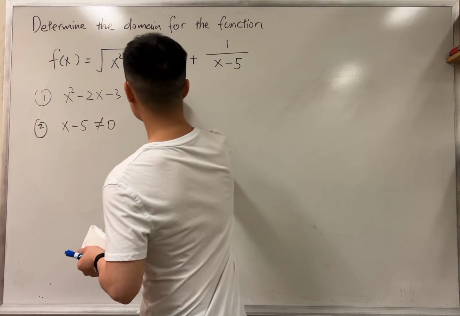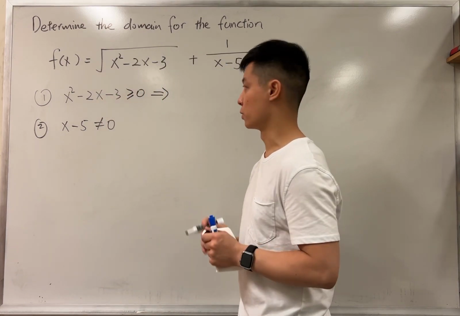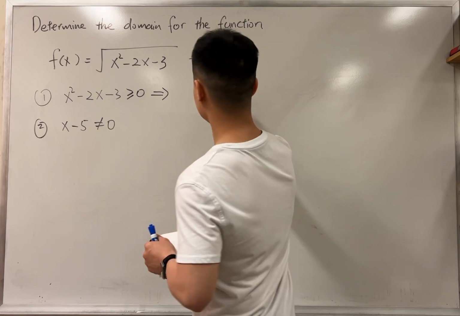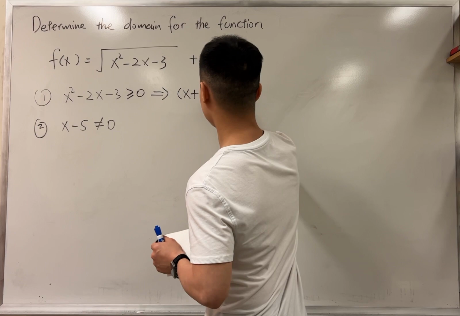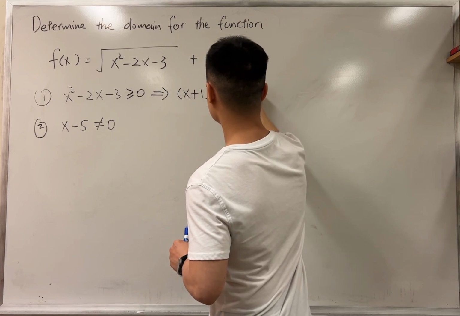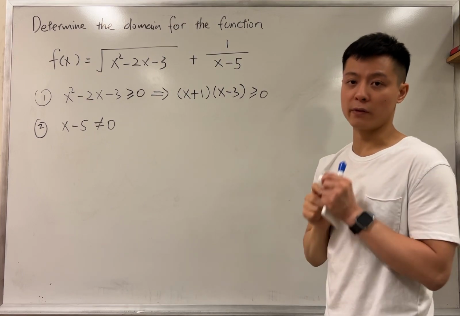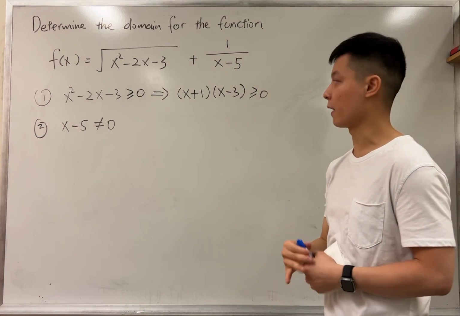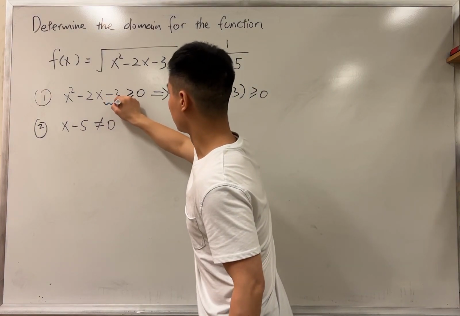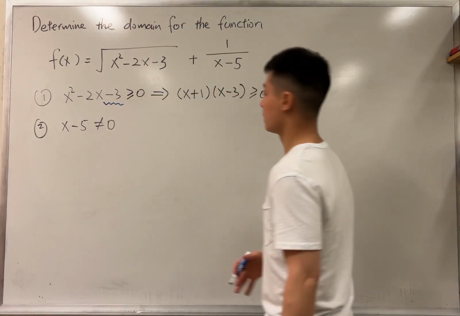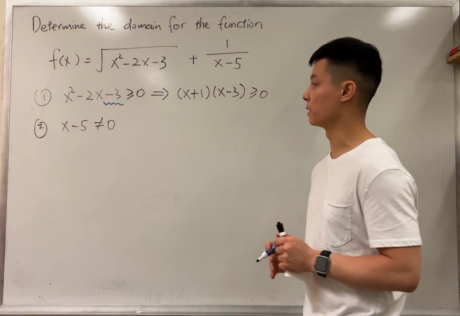For the first one, we will use factorization to deal with this quadratic expression. It's going to be factored as x plus 1 and x minus 3. If you're wondering how we can come up with this combination, here is the fast recap. We will think of the constant term here as a product of two numbers, and then we find all the possible combinations.